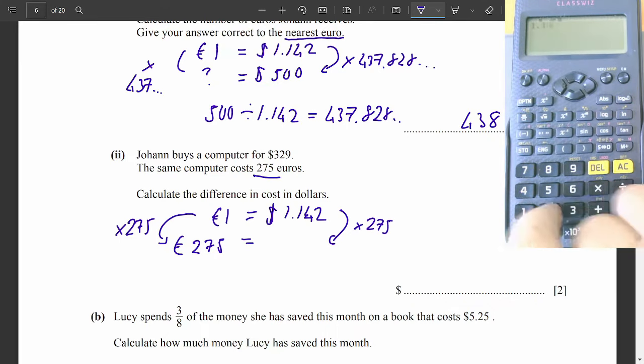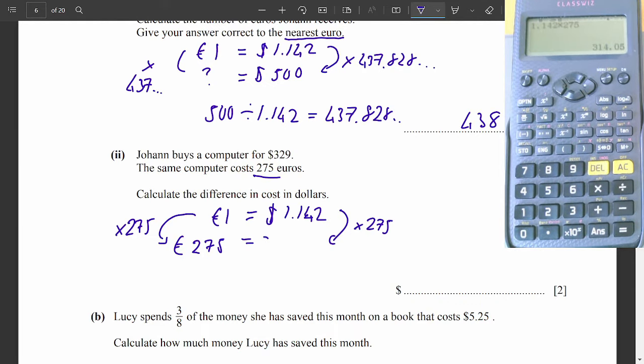So 1.142 times 275, and we got the answer in dollars, $314.05. Okay, but the question is, what is the difference in cost? So the one in dollars was more expensive, 329.